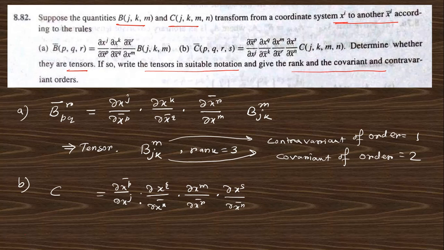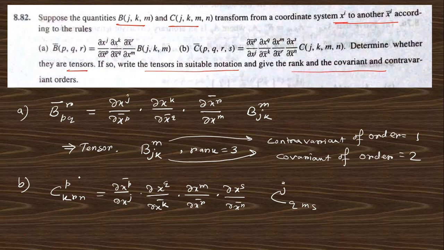So if you want to write, you can write here p, here this is k, so here k, r here, n here, and here will be p, no p, j q m s, okay, like that. I think clear.